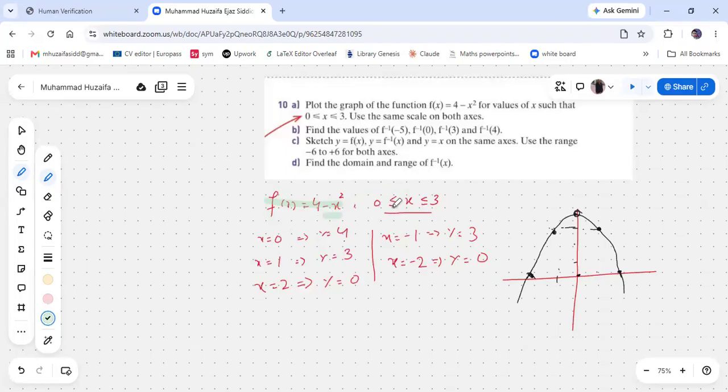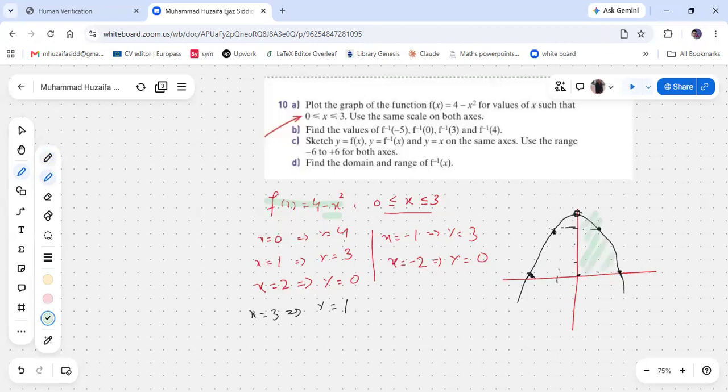Now we have calculated from this one. From 0 to 3, if I put x is equal to 3, y is equal to minus 5. So from 0 to 3, we will move to the positive side, because our domain is on the positive side. Got it?